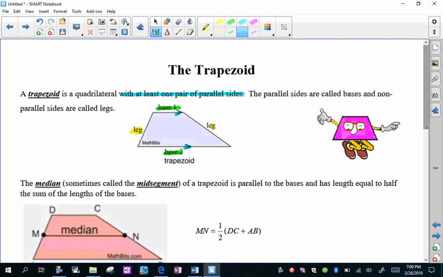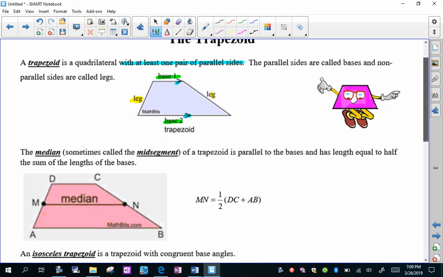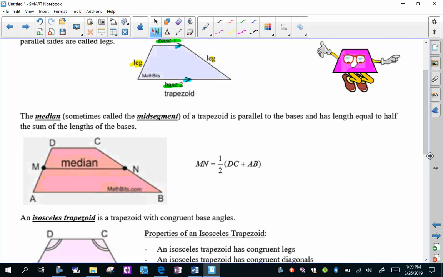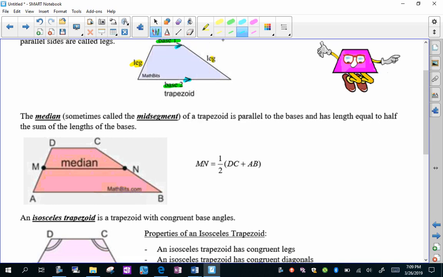Okay, so let's go down. It says the median, sometimes called the midsegment of a trapezoid, is parallel to the bases, and has a length equal to half the sum of the lengths of the bases. So for this median, once again, the highlighter. MN is our median. Very important.